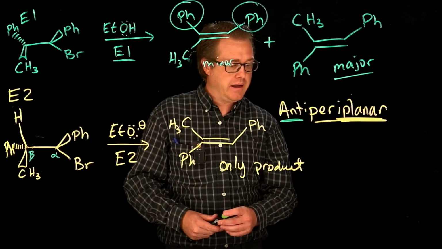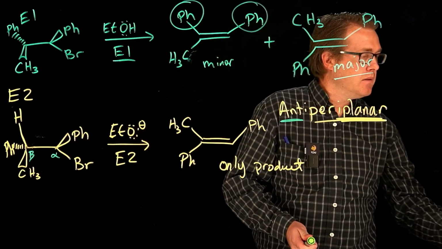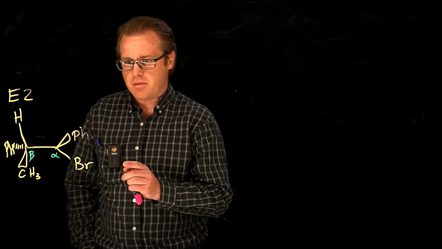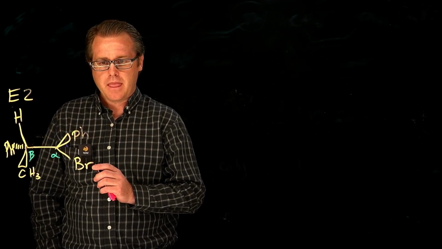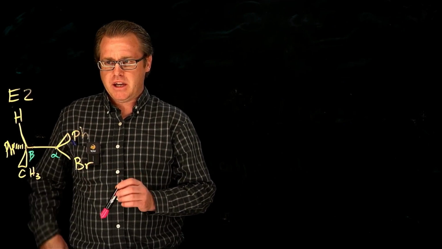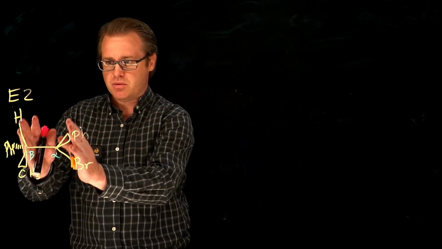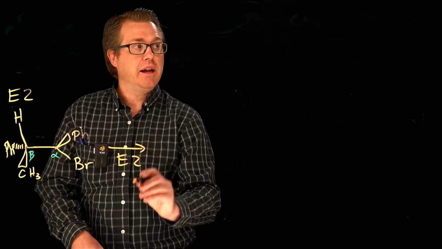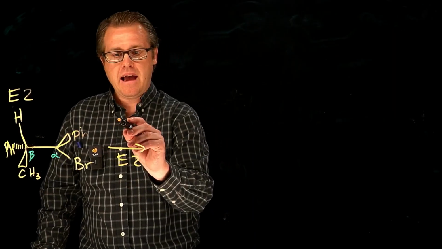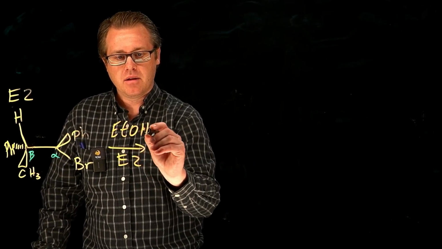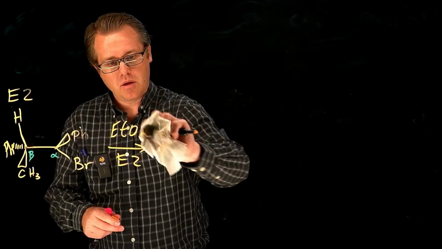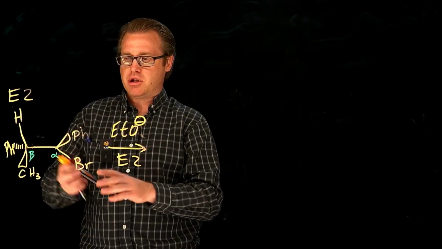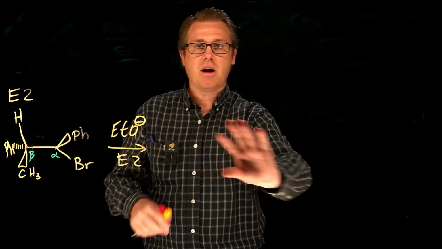So I'm going to erase this board now. So let's take a look at this problem a little bit more closely here. And I want to show you and teach you how to predict. If this is what you were given, and you were told that it's going to do an E2 mechanism, and so we have our ethoxide here, how are you able to look at this and then predict the product over here?